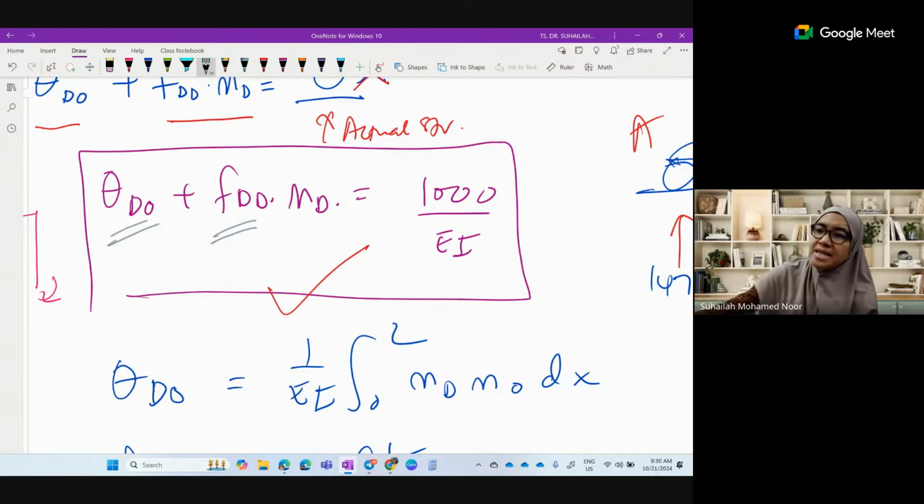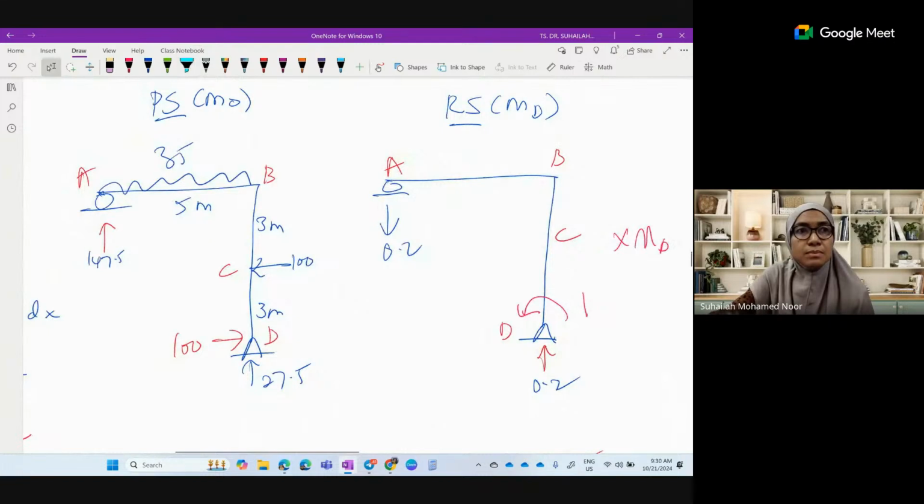Macam mana nak recognize sistem dia tu? Kalau theta d naught, tengok pada naught simbol ni, itu primary. Kalau pada FDD, tengok pada F simbol, ini redundant. F for redundant. Okay, so satu sistem dia primary structure, satu lagi sistem dia redundant structure. That is why kita ada diagram ni tadi.